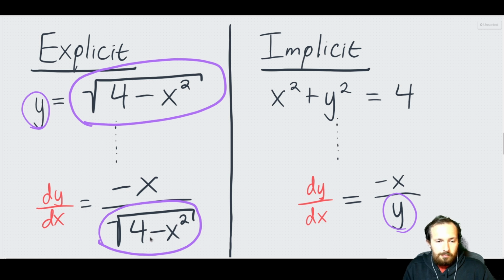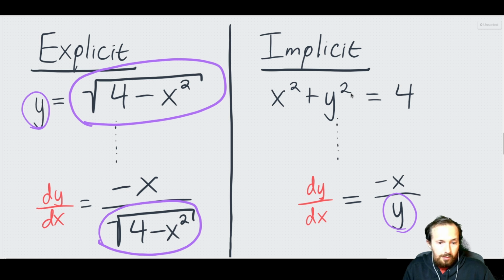So just by substituting in for y what y actually equals, you could get it back to the explicit form. In other words, these are exactly the same. It's just that this one is expressed purely in terms of x, just like the explicit form before taking the derivative. And this one is expressed in terms of x and y, just like the implicit form before the derivative. But they're both fundamentally talking about the same thing.